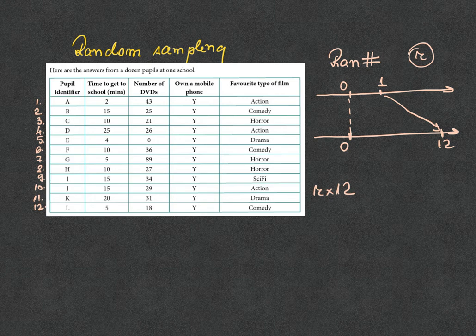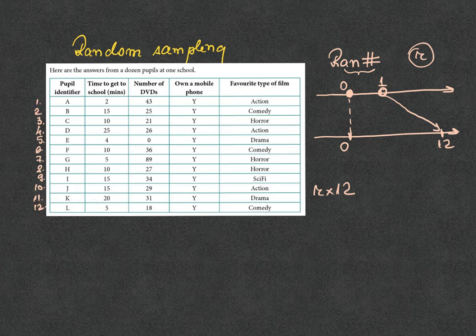Now, because my numbers are from 1 to 12, number 1 actually is not picked. This command rand will give me a number between 0 and 1, with 0 included and 1 not included. Now, I want to generate whole numbers between 1 and 12, because that's how my elements are numbered.